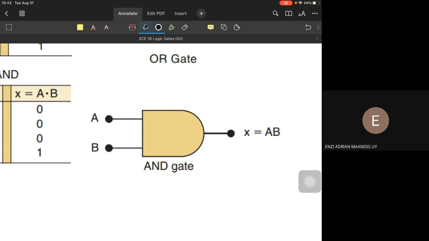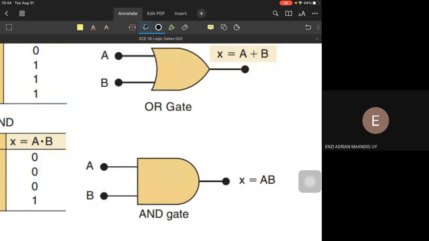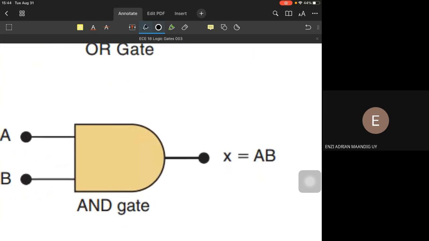AND gate. I'm not really sure about the notation. In normal math algebra, it is the multiplication, or the dot in between.